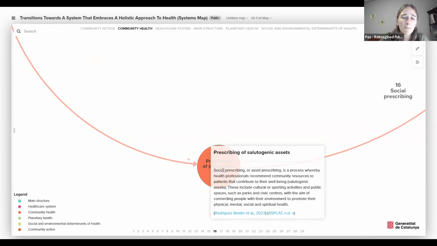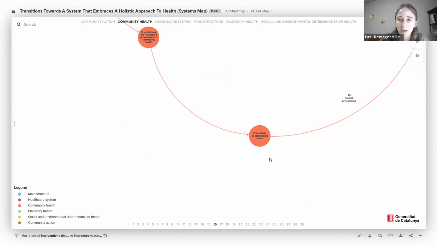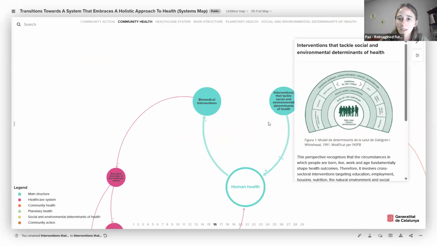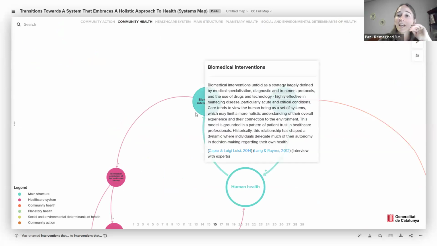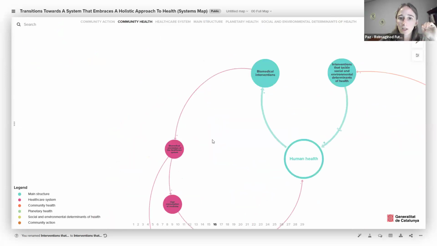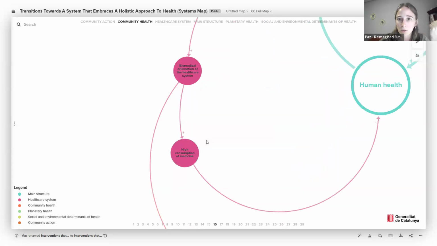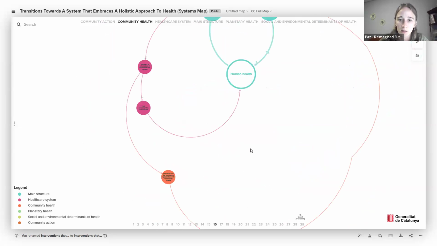Doctors are starting to prescribe their patients going to green spaces, cultural initiatives, and community support networks, to promote health as a way to prevent health issues. These initiatives are not only addressing the social and environmental determinants of health, but they're also decreasing biomedical interventions, such as the high consumption of medicine. So we see these trends in the Catalan system, the social prescribing.